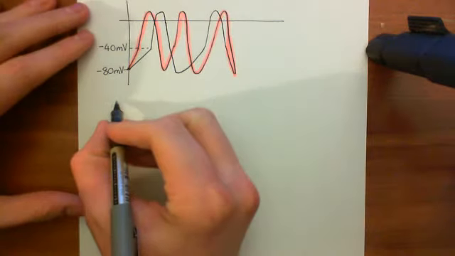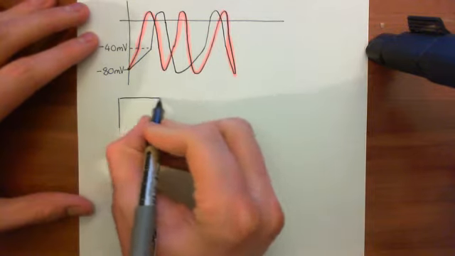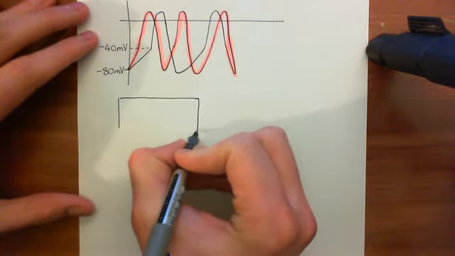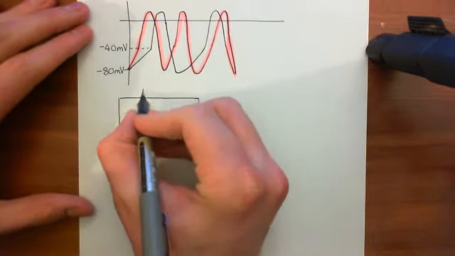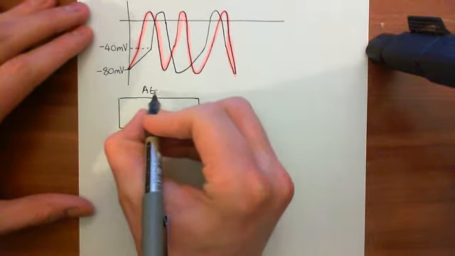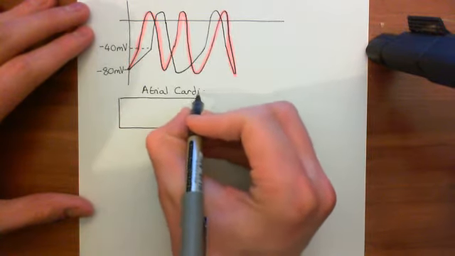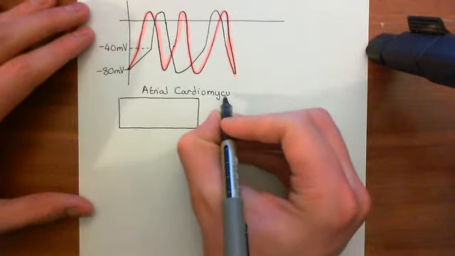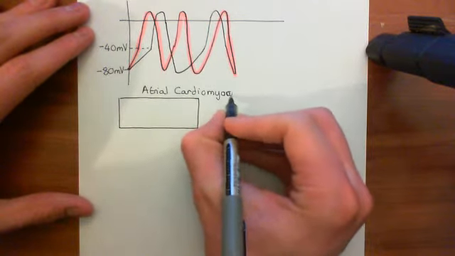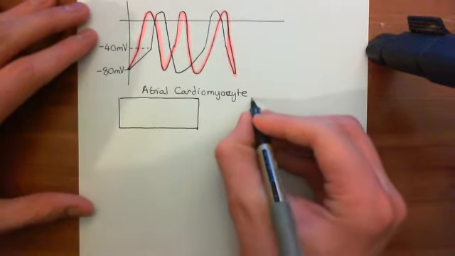Firstly, I just want to say that there is a difference between the structure of an atrial cardiomyocyte and the structure of a ventricular cardiomyocyte. So this is an atrial cardiomyocyte, and let me now draw you a ventricular cardiomyocyte. Right, a ventricular cardiomyocyte.